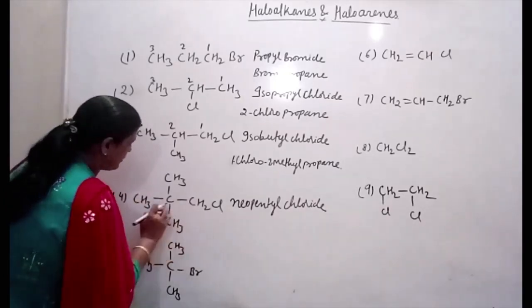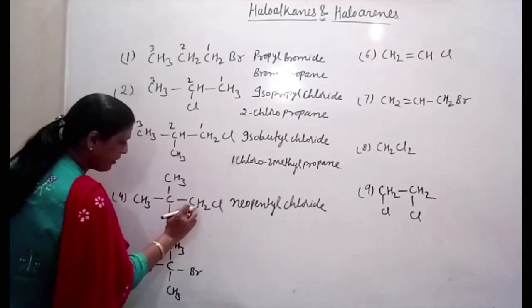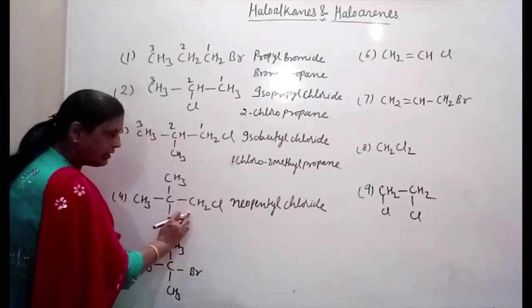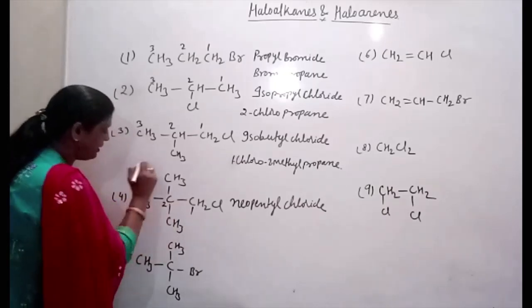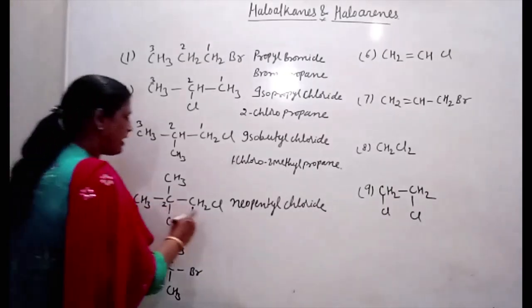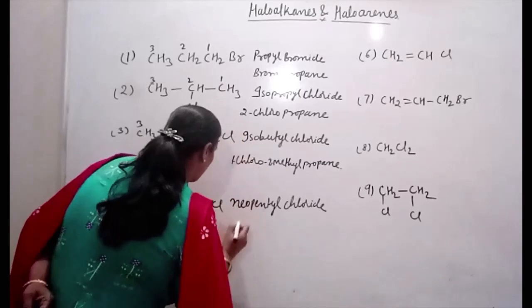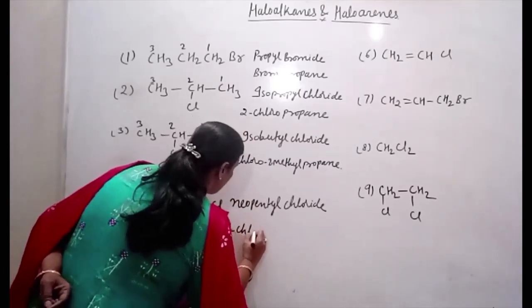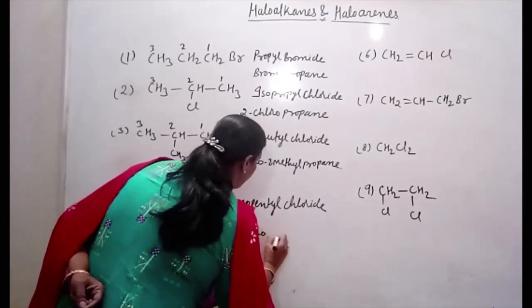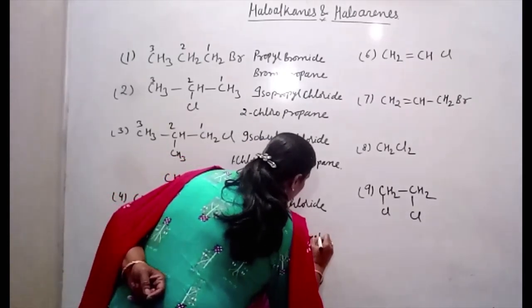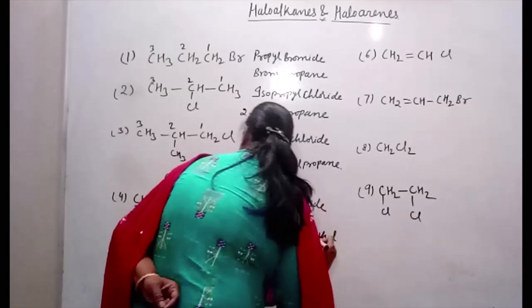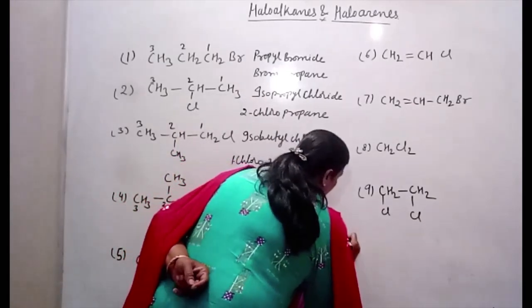We consider this parent chain because here the chlorine atom gets number 1. So its name is 1-chloro-2,2-dimethylpropane.